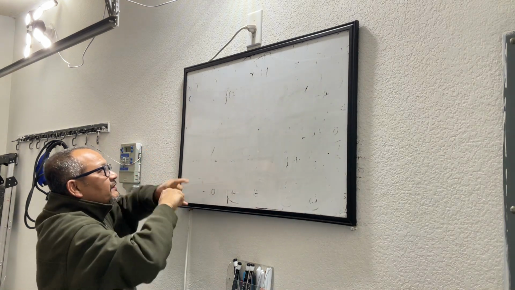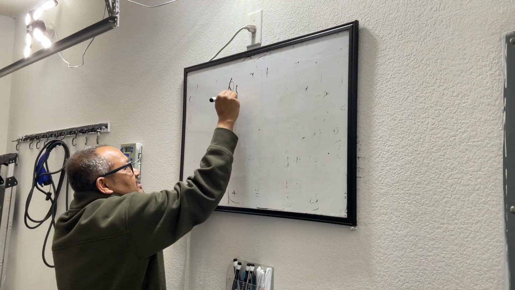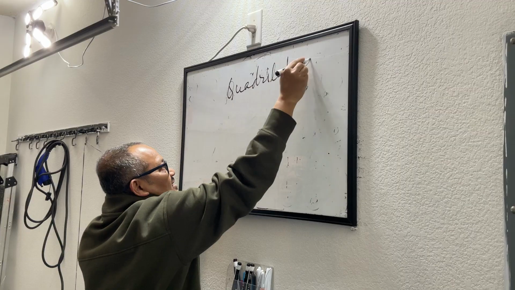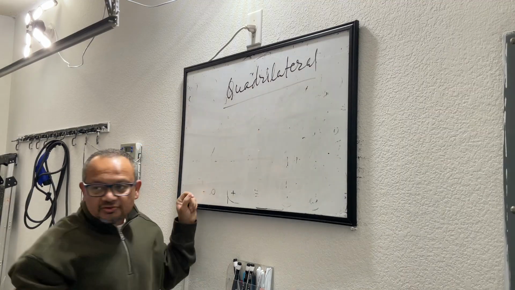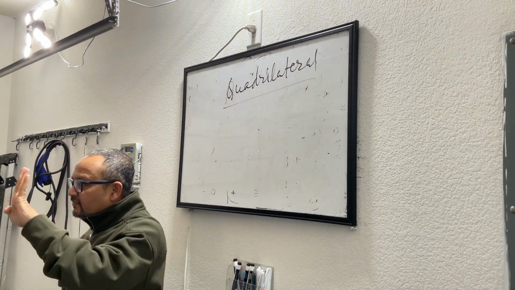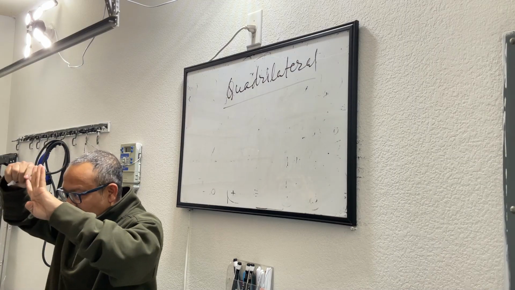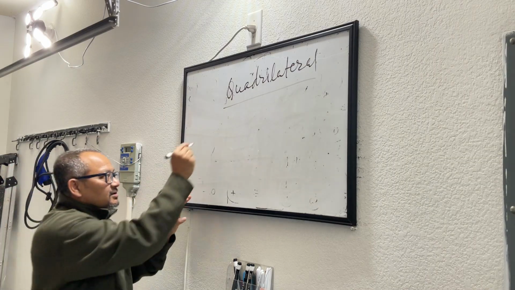So when you talk about quadrilateral, it refers to all the shapes which have 4 sides and 4 angles. Now rectangle is a quadrilateral.